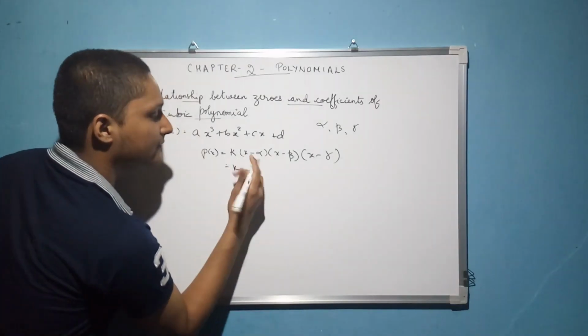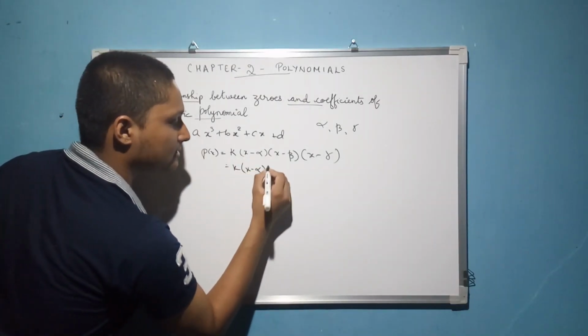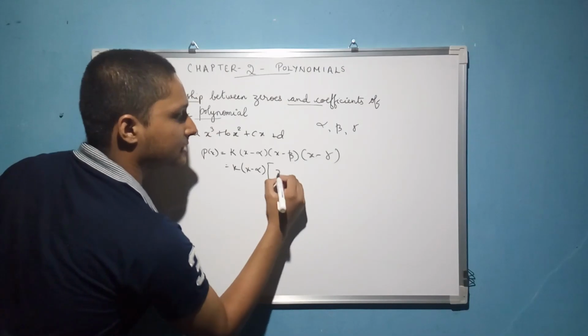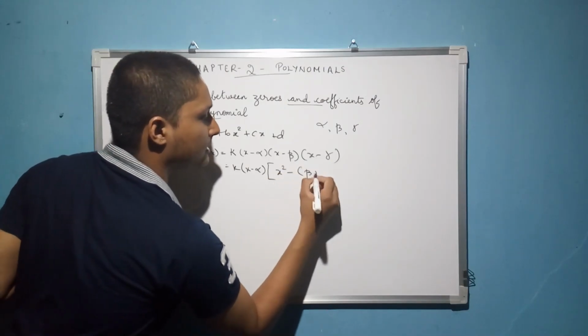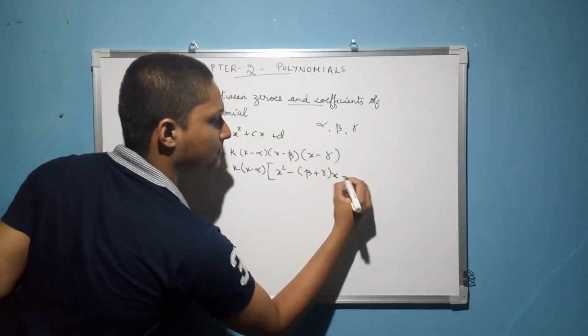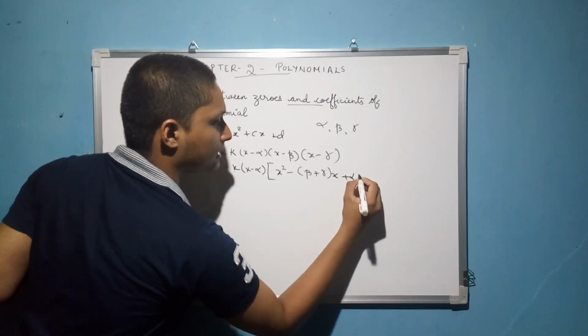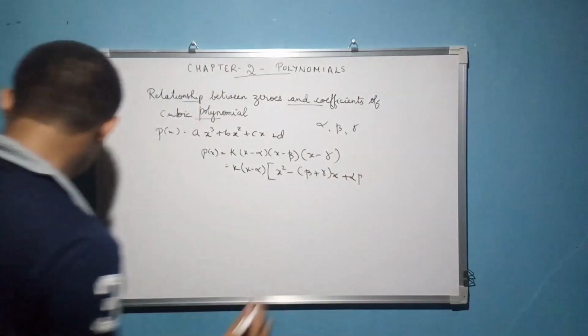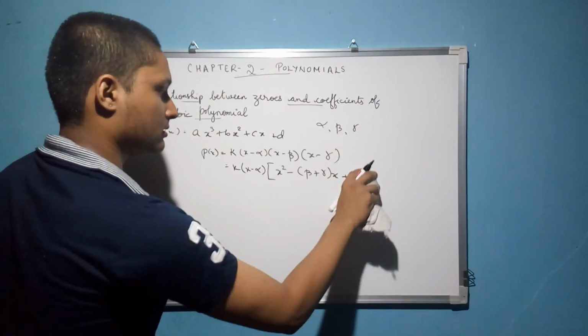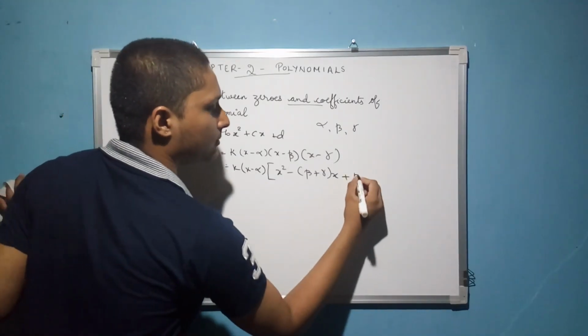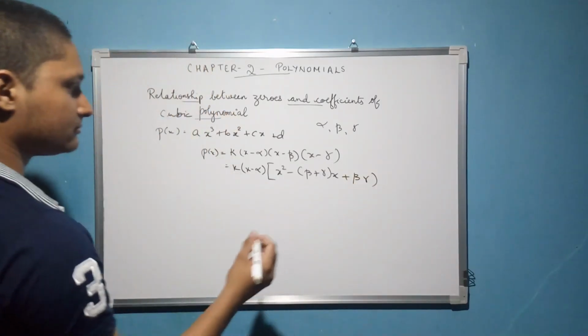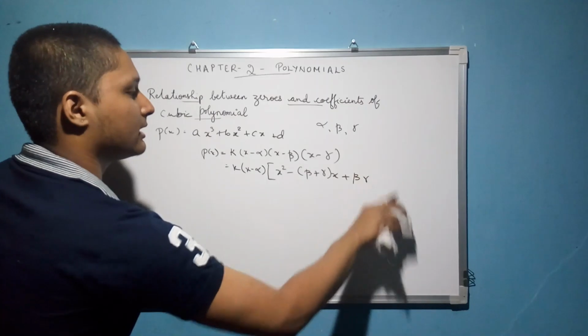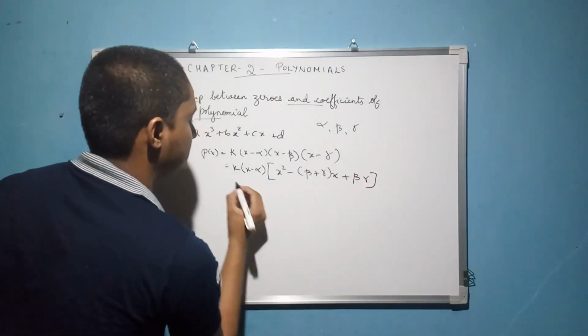Okay, so you are going to multiply now. Leave this x minus alpha, let it be first. I am going to multiply the remaining things. That comes to be x square minus (beta plus gamma) x plus beta gamma. Now I need to multiply this again.